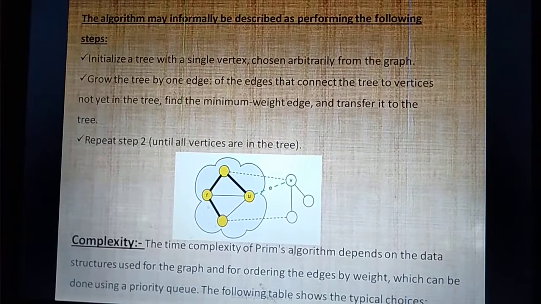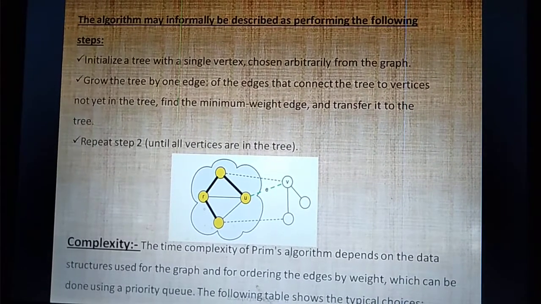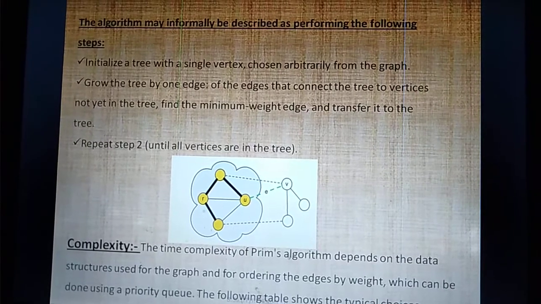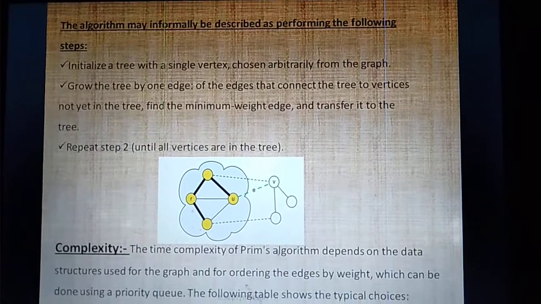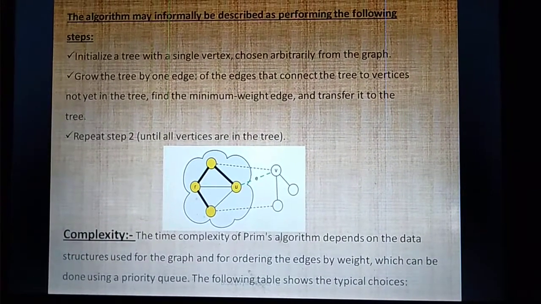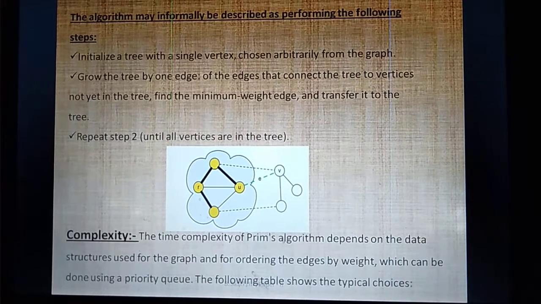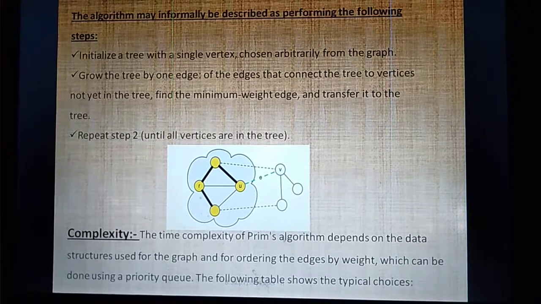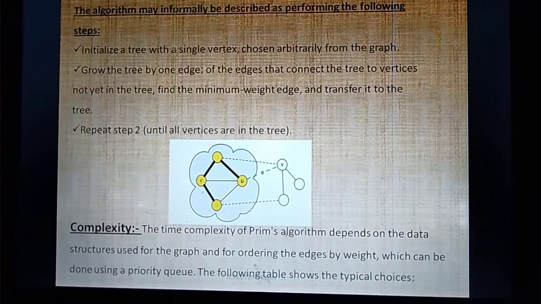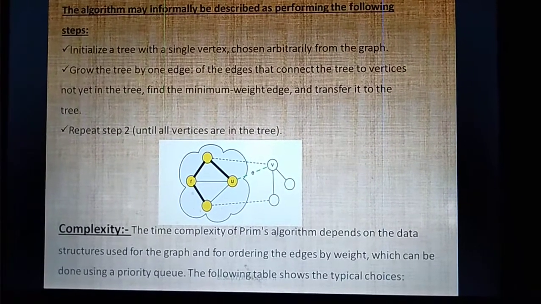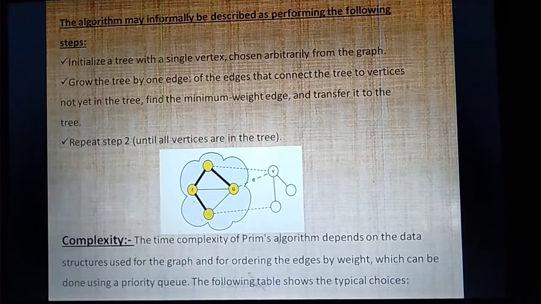Next, you have to grow the tree by one edge: of the edges that connect the tree to the vertices not yet in the tree, you have to find the minimum weight edge and transfer it to the tree. And this step 2 has to be repeated again and again until all vertices are in the tree. So these are the steps that need to be followed in Prim's algorithm.